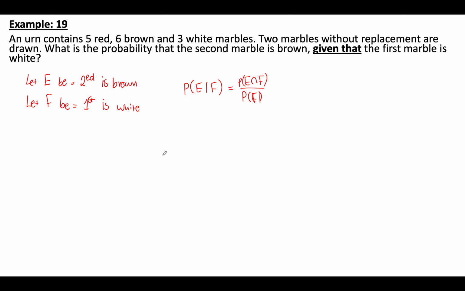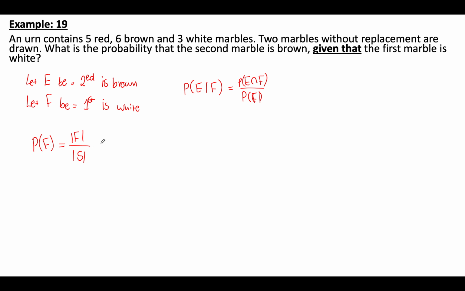So, first of all, in order to get the probability of F, I need to know the possible outcomes in event F over the possible outcomes of the whole experiment.